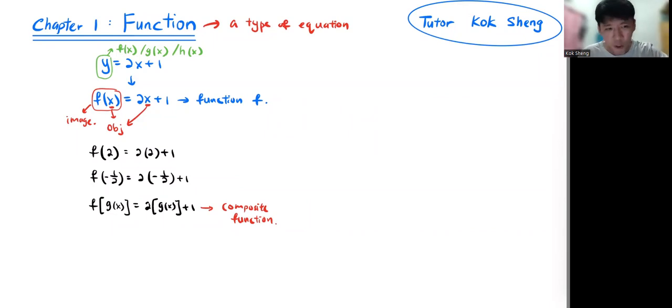So far should be okay for you, just recalling everything. Which means that for the object, this bracket here, it can be anything you can think of. You can change it to a number, and the x on the right side changes to the same thing.